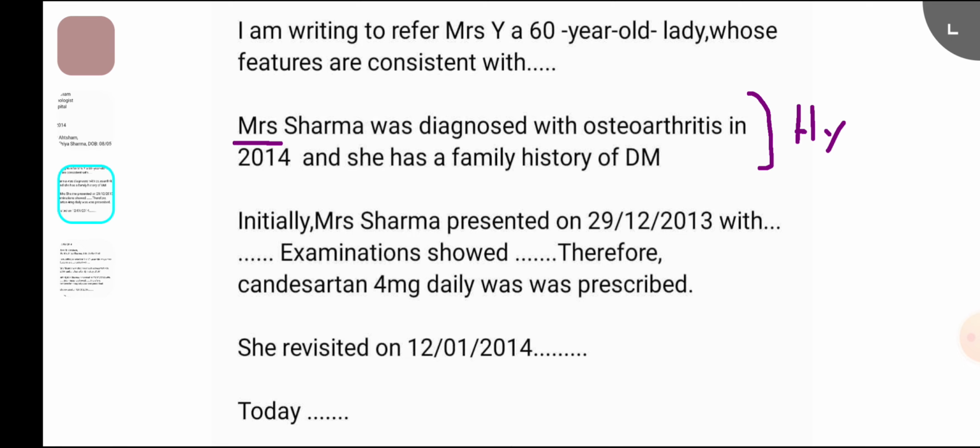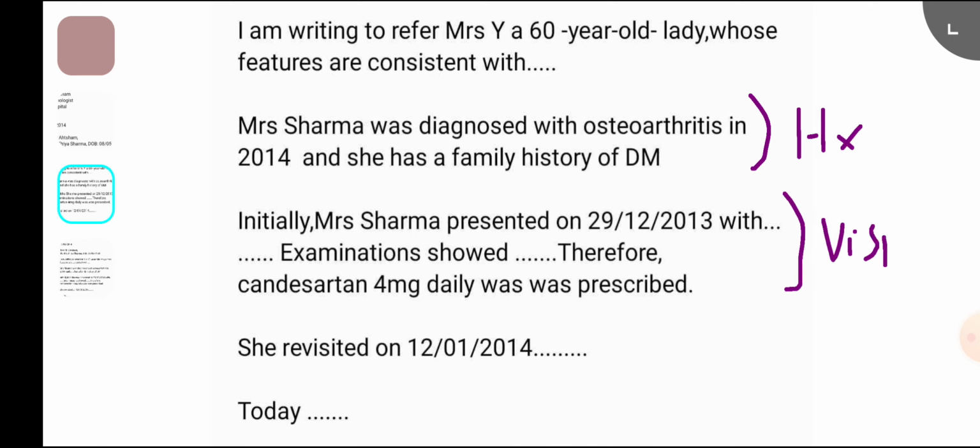Now, the problem here is that if this history is like 2 3 lines, write it like a paragraph, a history paragraph. If it's only a one line, don't write it over here just as a one line, okay? Then you need to include this history into your first visit paragraph. So this is your history paragraph, and this is your visit paragraph.